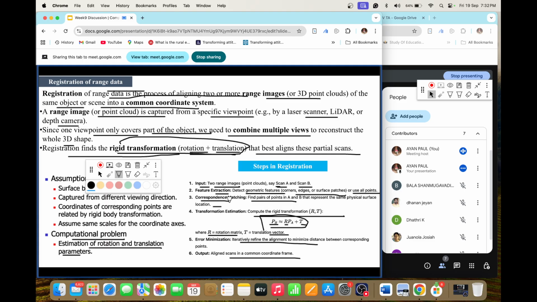Then corresponding matching, find pairs of points A and B that represent the same physical location. Then transformation estimation, that is compute the rigid transformation, so PB can be written as rotation into point A plus translation, and then we do the error minimization and output the aligned scan in a common coordinate frame.